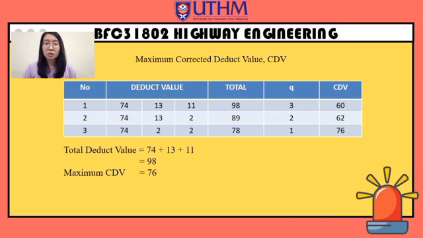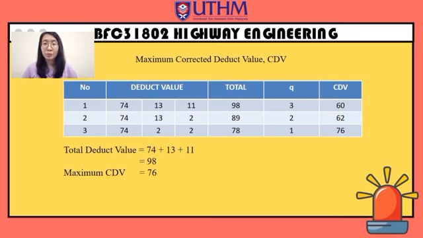Next, we need to calculate the maximum corrected deduct value, which is CDV. Since the number of deduct values is greater than 2 and the total deduct value is 98, to get the CDV we need to obtain the Q value for each distress by reducing the smallest individual deduct value to 2.